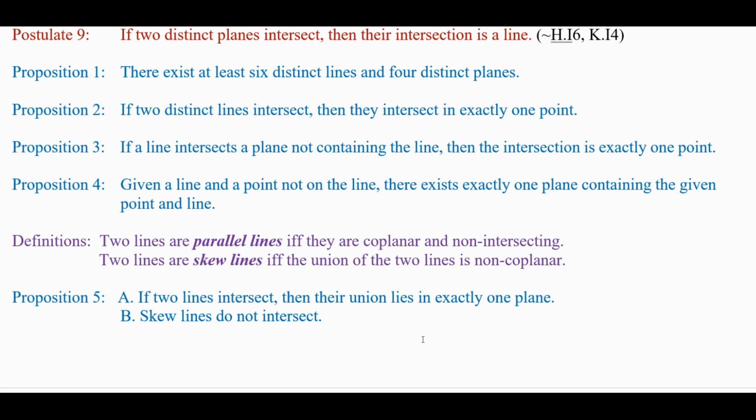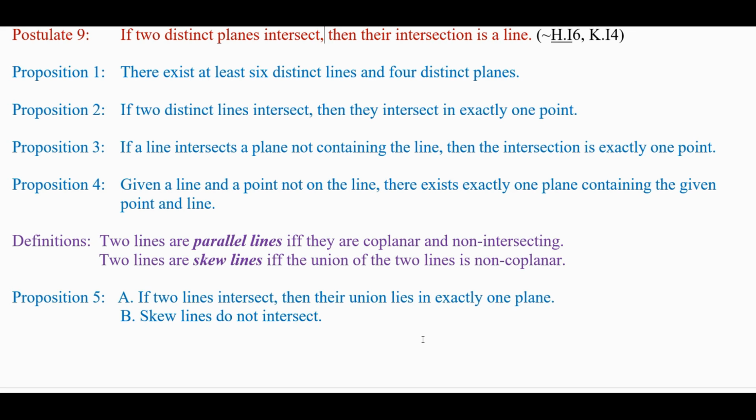One of the homework problems will be to actually make a model of a geometry that obeys all 9 postulates. It only has 4 points, 6 lines, and 4 planes. So a finite geometry that does that. And of course, Euclidean geometry satisfies all these postulates as well.